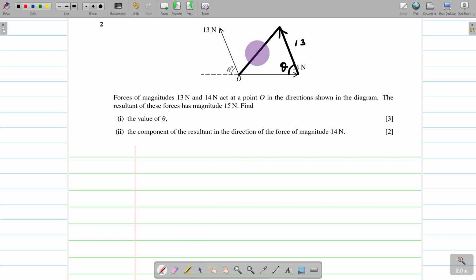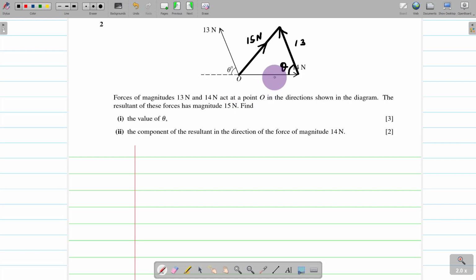And this force will represent the resultant force in direction as well as magnitude. We know that its magnitude is 15 newtons. So it is this force that we have here as the resultant force.